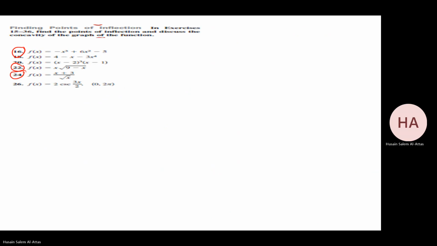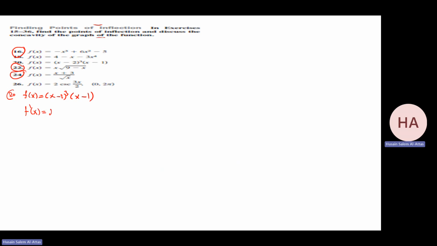20: f of x equals x minus 2 cubed times x minus 1. F prime would be what?